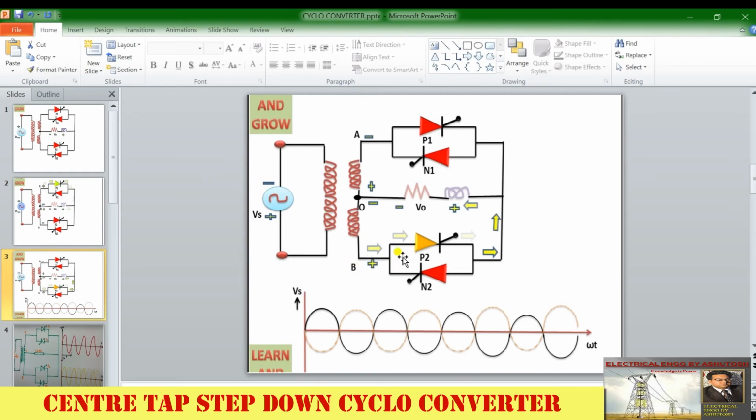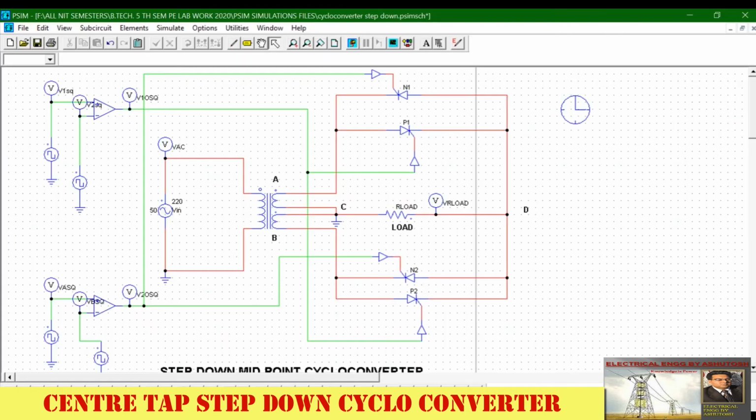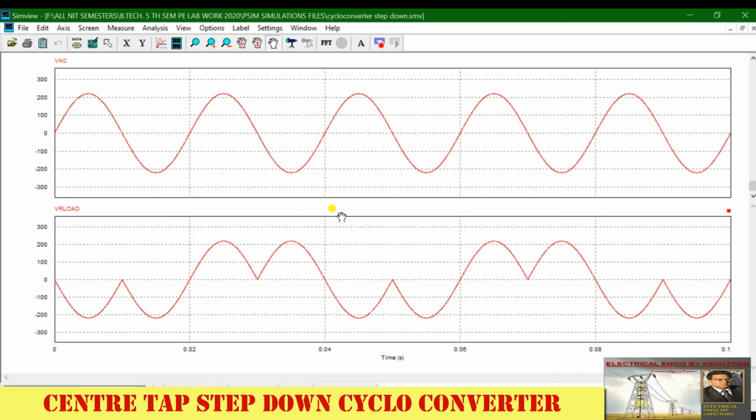Current flows from this point to P2 which will now be turned on. It is fired, and the direction of current is from B to P2, from this diagram. And you can see in this diagram, when B is made positive, P2 triggers, so current flows from B to P2, D to C. So again we get another half cycle, positive half cycle.